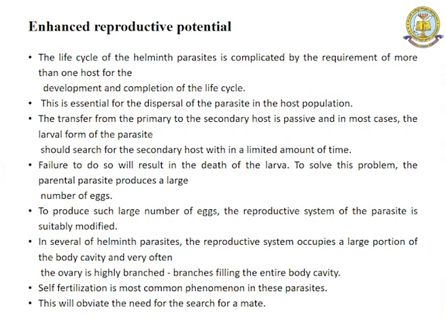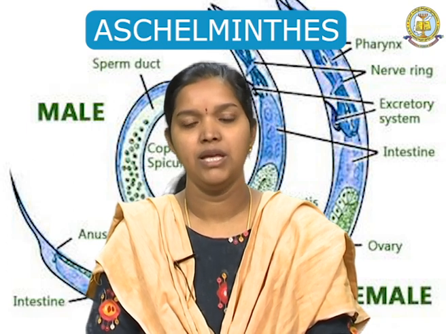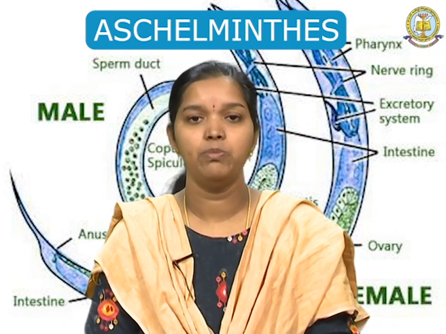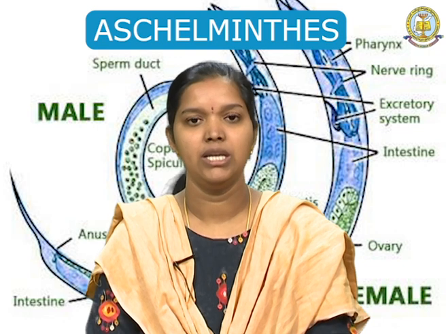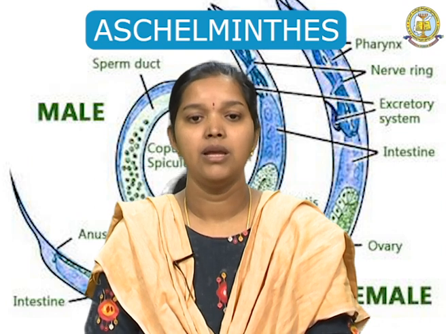The transfer from one host to a second host, that is primary to secondary host, is passive in most cases, and the larval form of the parasite should search for the secondary host within a limited amount of time. If it fails to do so within the limited period, then usually the parasite will die.